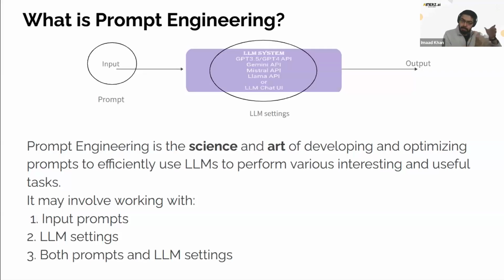So you can work with the prompts which you give as input, or the LLM settings, or both prompts and LLM settings. So this is essentially what prompt engineering is. I'm sure most of you have done some of these things, but this is an attempt to formally define prompt engineering and also to understand what is possible to do with prompt engineering.